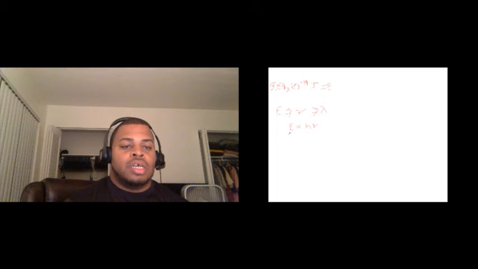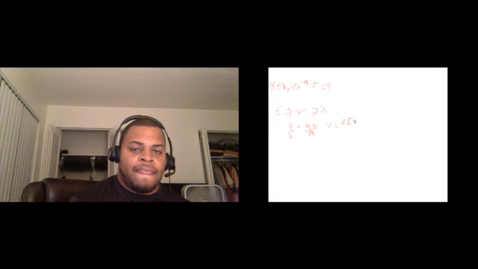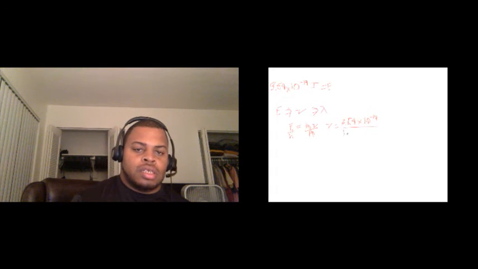In rearranging this, I'm going to divide the energy by Planck's constant, which means nu equals 3.59 times 10 to the negative 19, all divided by 6.626 times 10 to the negative 34. Sorry, giving it a chance to catch up.